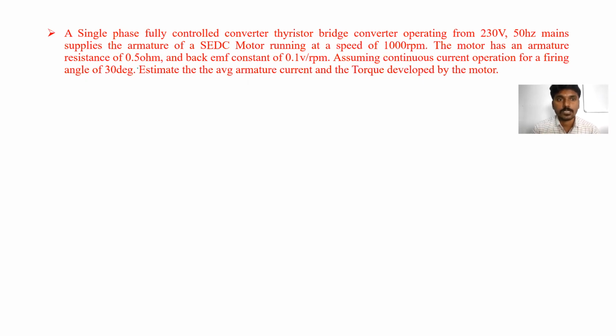The motor has an armature resistance of 0.5 ohms, and back EMF constant is 0.1 volt per rpm, where we have to take N. So Kφ is equal to 0.1 volt per rpm. Next, if the firing angle alpha is equal to 30 degrees, what will be the armature current and torque developed by the motor?